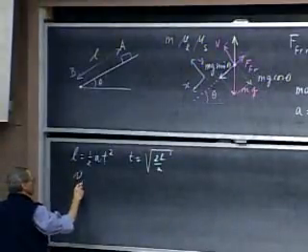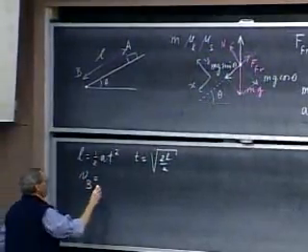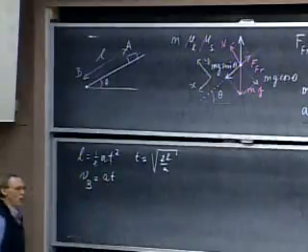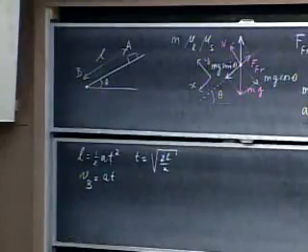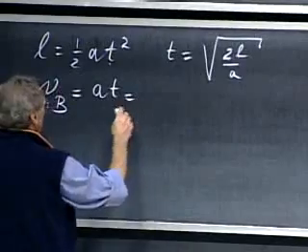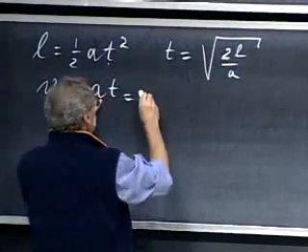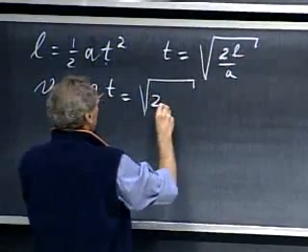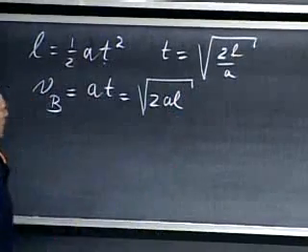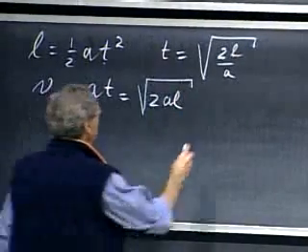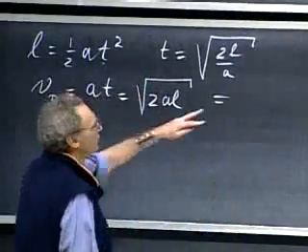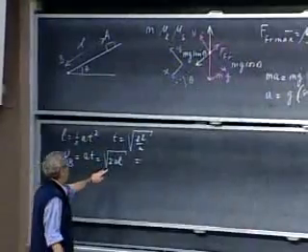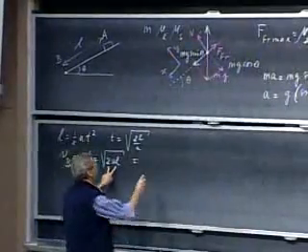Well, the speed at B would be a t, early on 8.01. And so that would become, if we multiply this by a, the square root of 2aL. And if you want to see that in all glorious detail, then of course you'll have to take that a and multiply that by 2L and take the square root.